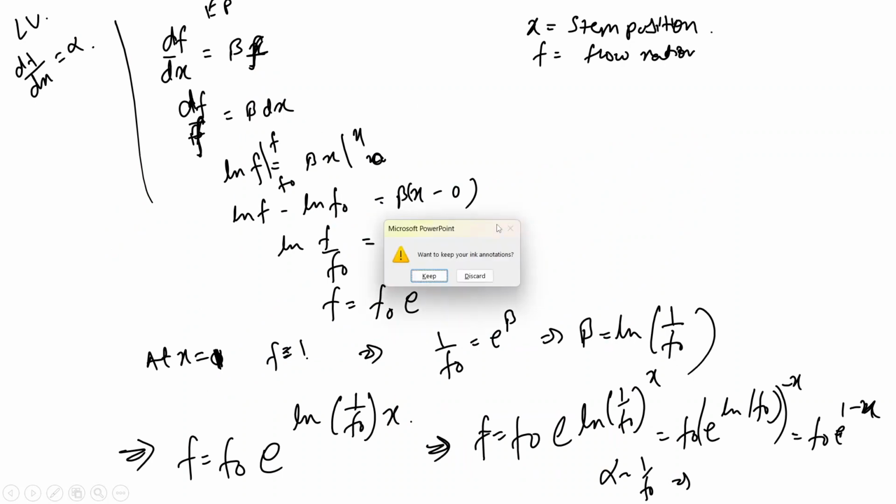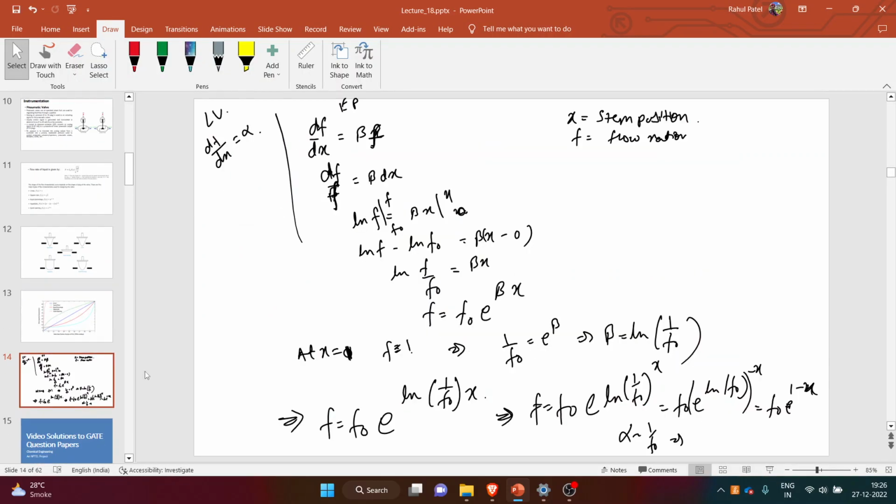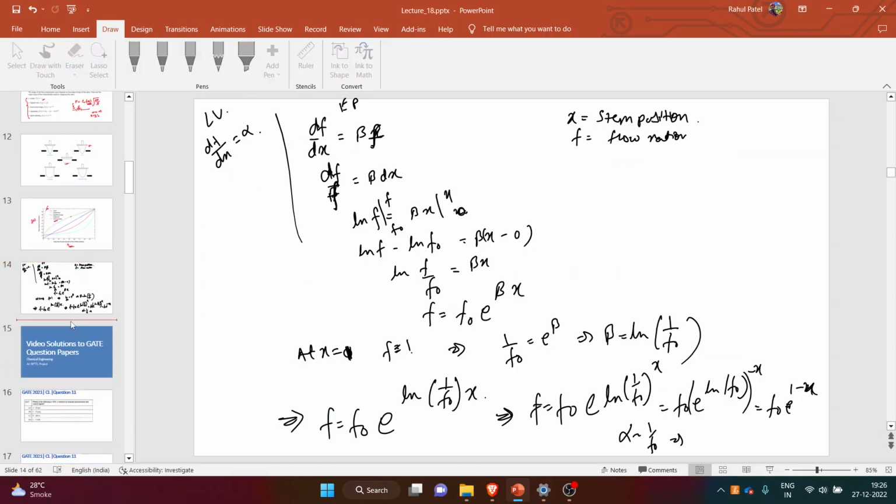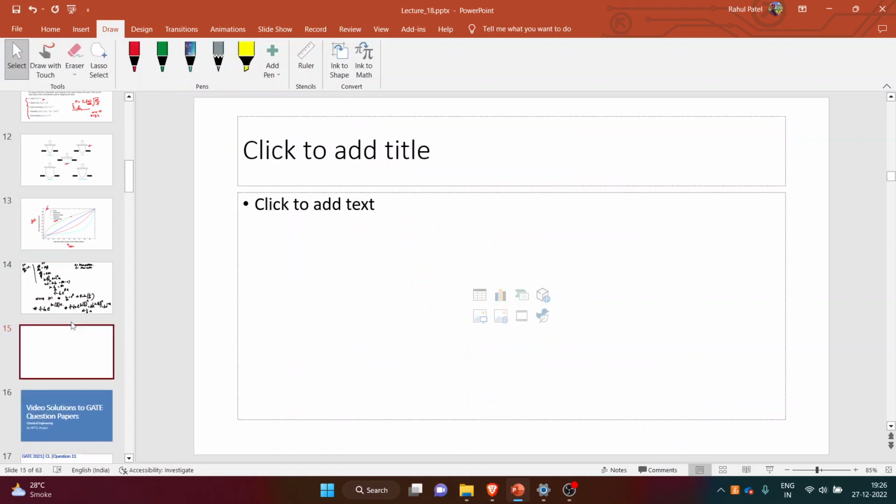So let's derive a few of these equations.